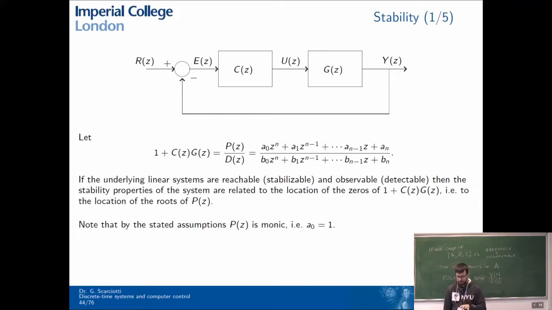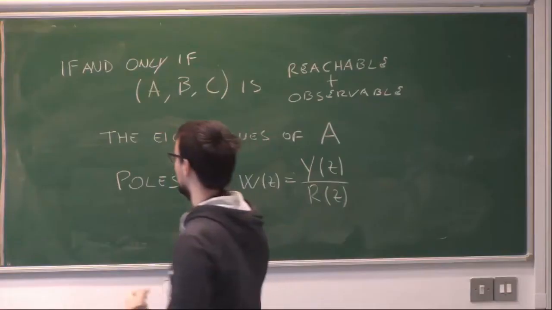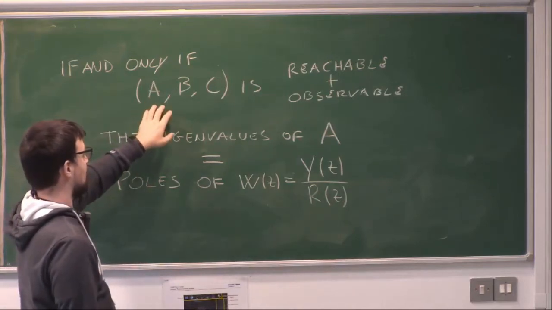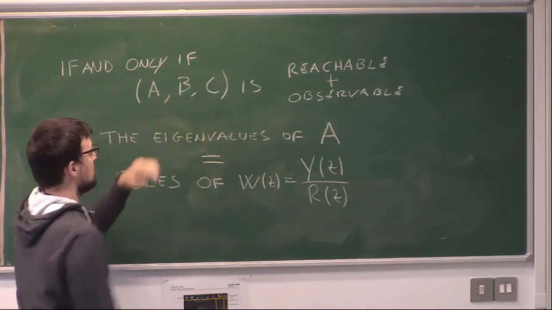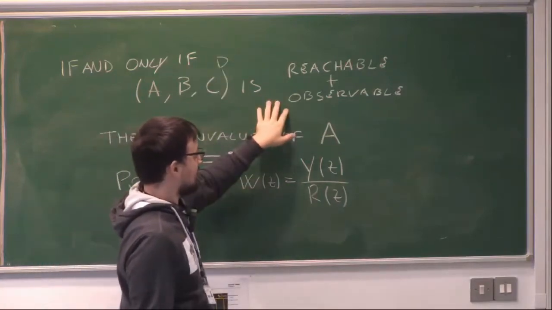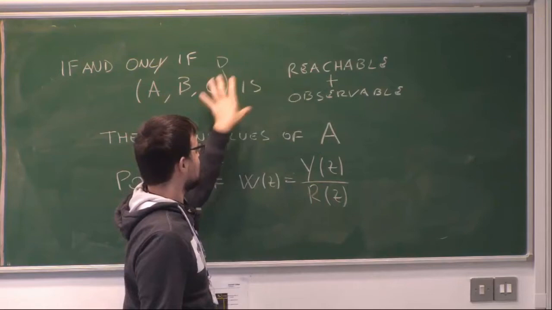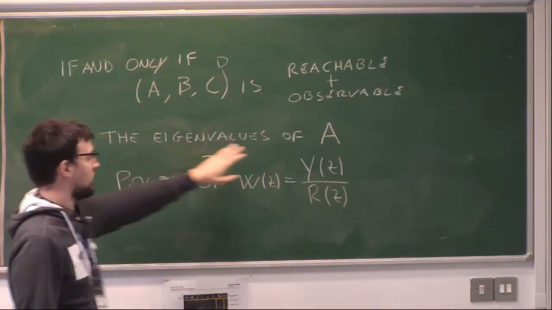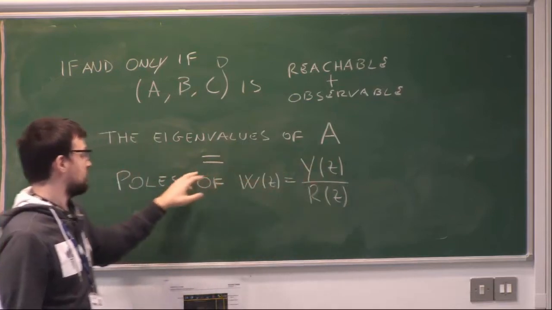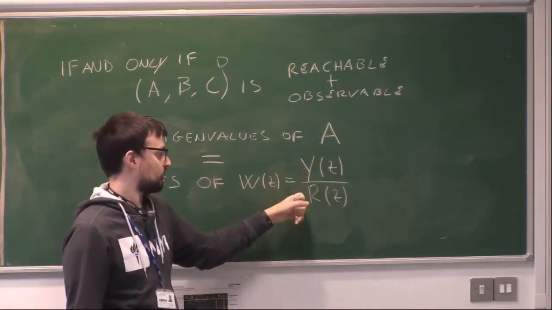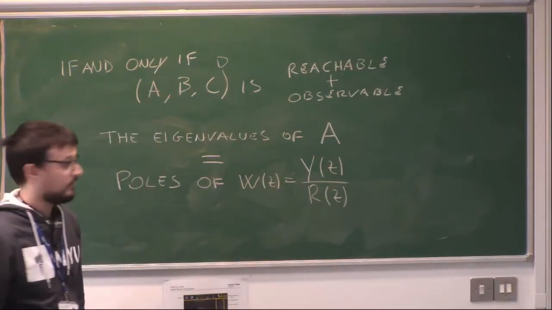Now, if we look at this property, what we have is that if and only if the system described by the matrices A, B, C, and if we want also D, is reachable and observable, then it's true that the eigenvalues of the matrix A correspond to the poles of the transfer function between the output and the input, okay?